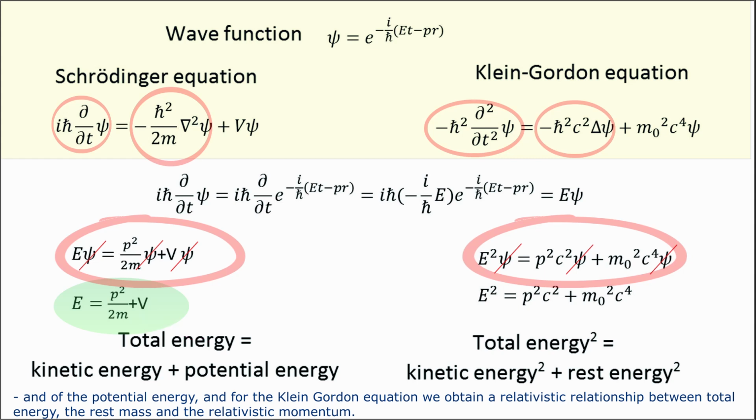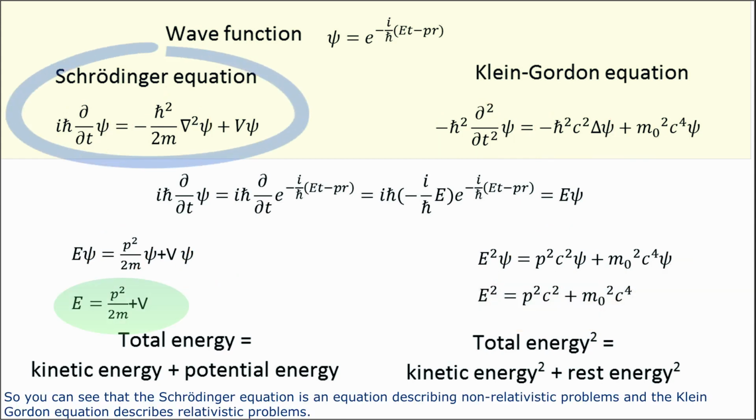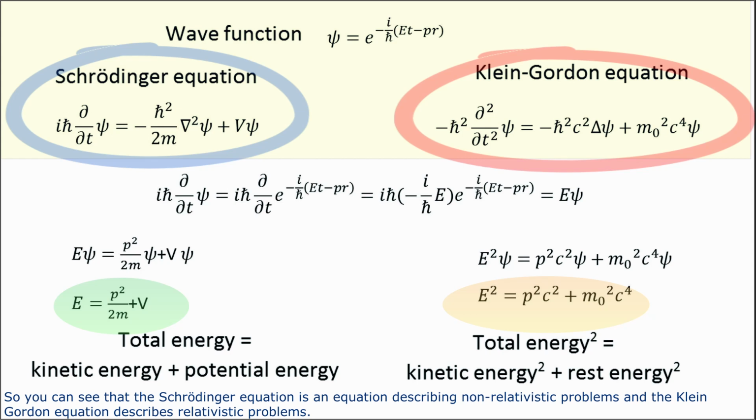And for the Klein-Gordon equation, we obtain a relativistic relationship between total energy, the rest mass, and the relativistic momentum. So you can see that the Schrödinger equation is an equation describing non-relativistic problems, and the Klein-Gordon equation describes relativistic problems.